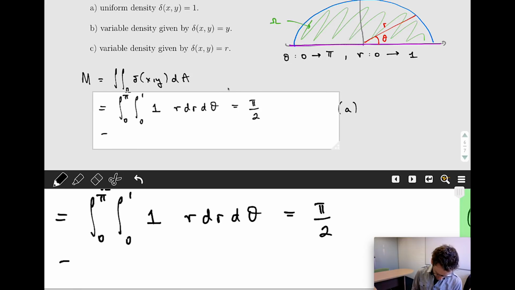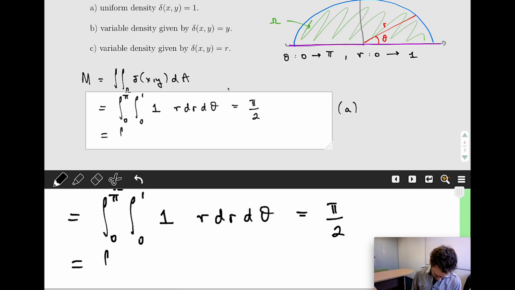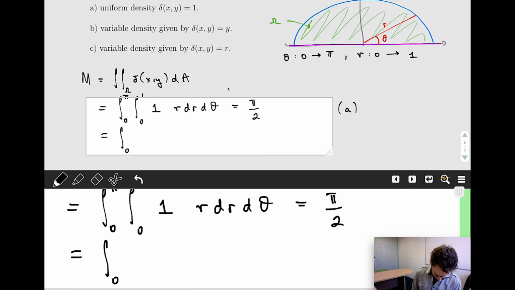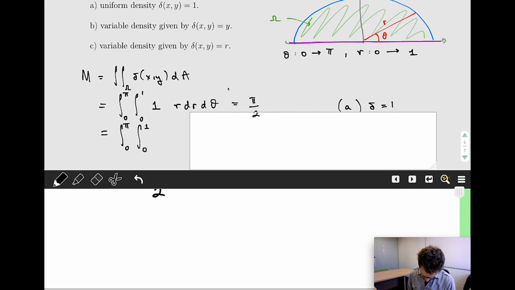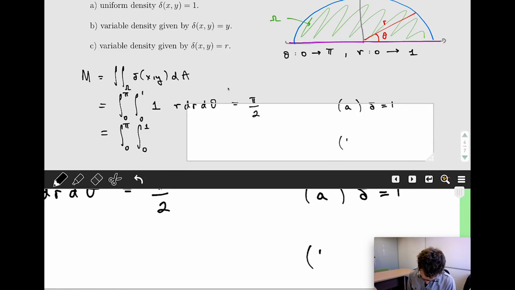Or we could do the same integral, but have a density given by, so this was the case of delta equals 1. In this case, we're going to look at delta is equal to y.